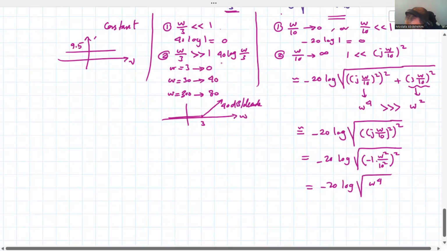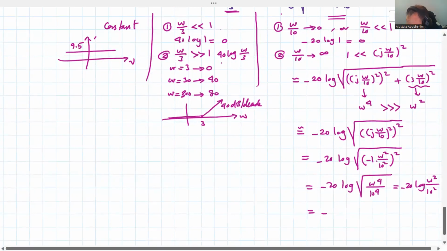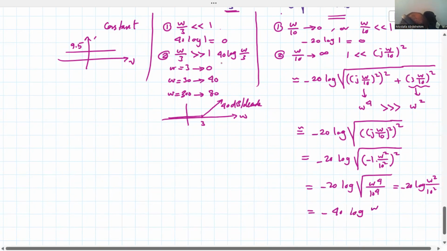That's omega to the power of 4 over 10 to the power of 4. That's finally 20 log of 2 omega squared over 10 squared. We can still approximate it, or not approximate now, equal to minus 40 log omega over 10.